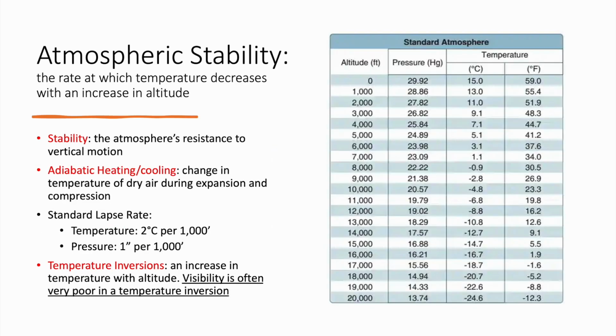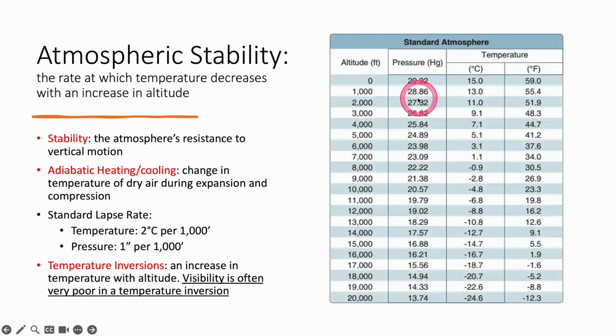So atmospheric stability is usually compared to the rate at which temperature changes with altitude. The definition is the atmosphere's resistance to vertical motion. So a very stable atmosphere is one that resists vertical motion. If you have temperature that changes really quickly with altitude, that's an unstable atmosphere.